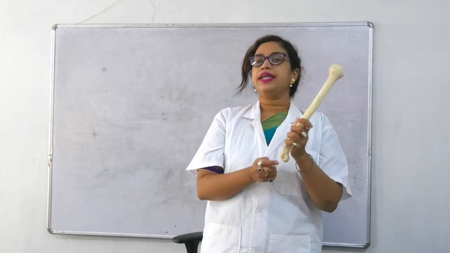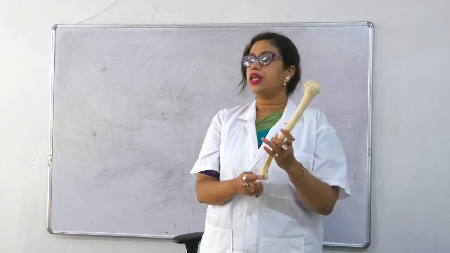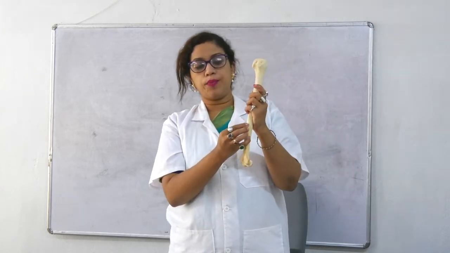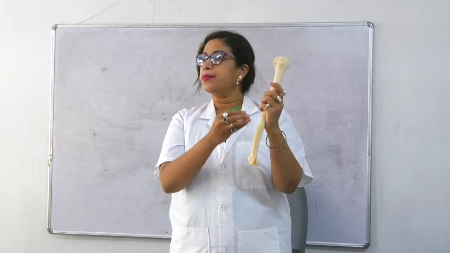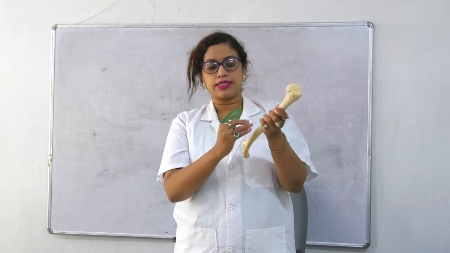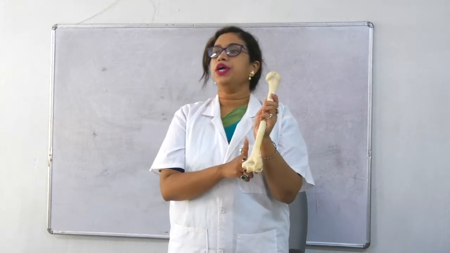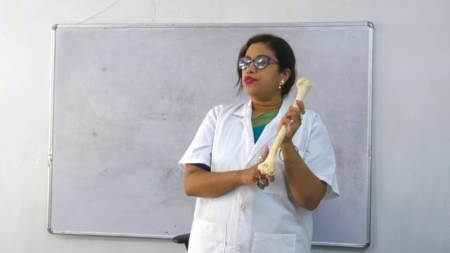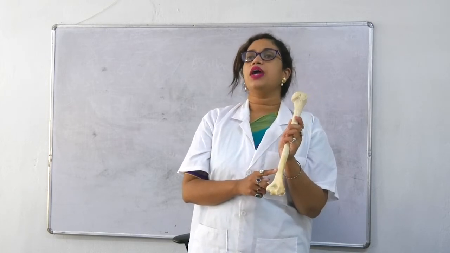The medial head is deep to the lateral head, from the inferomedial aspect of the lower part of the humerus, towards the medial epicondyle. So these are the three origins.